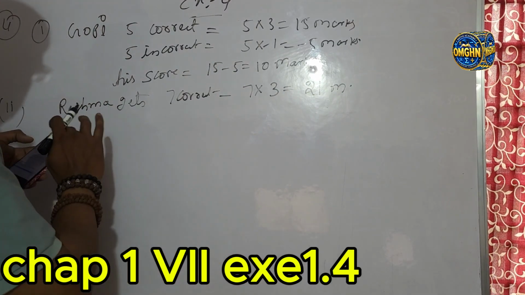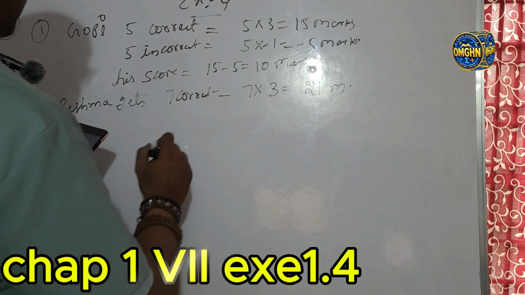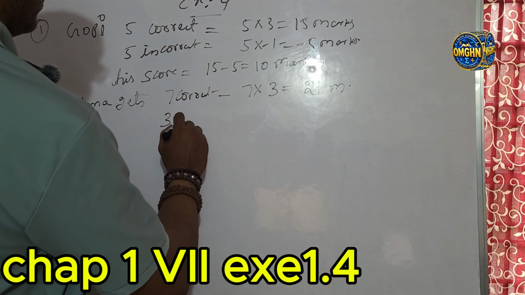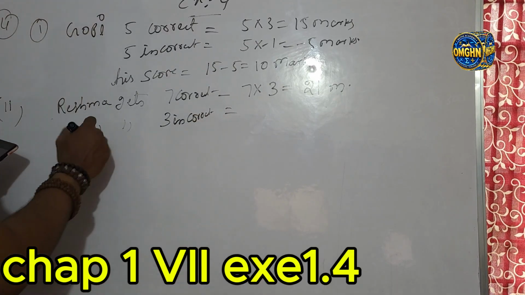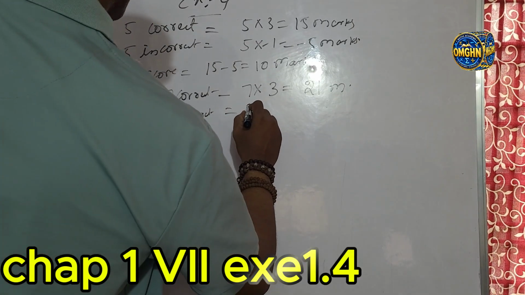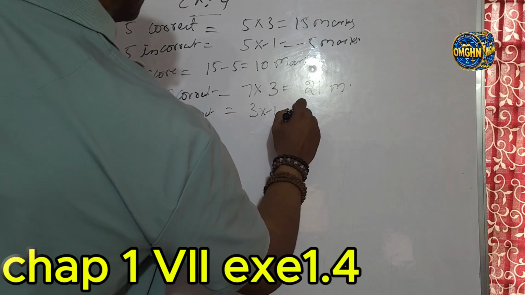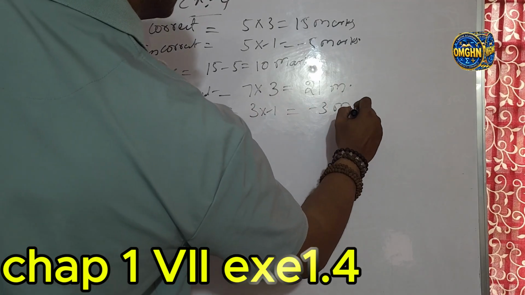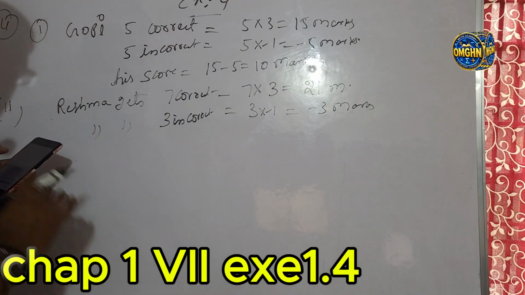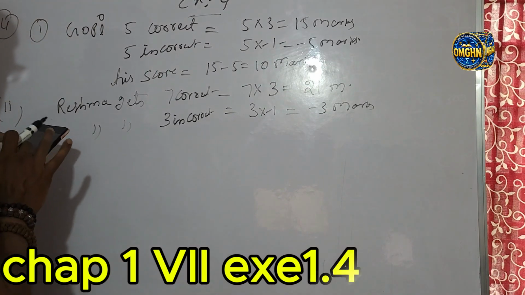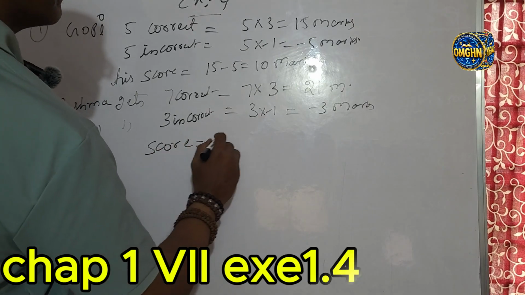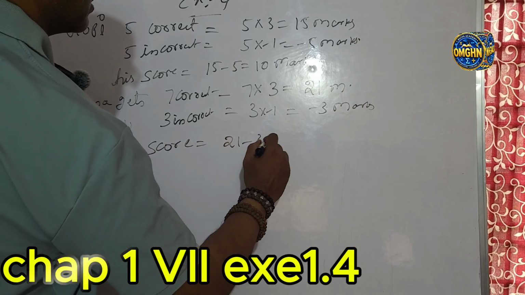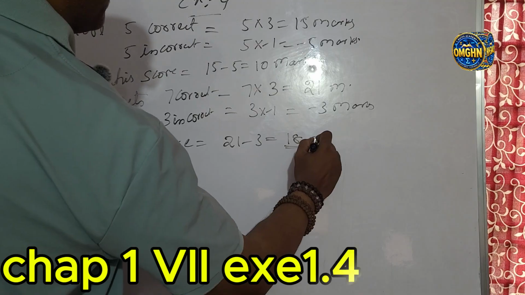And she gets 3 incorrect. 3 incorrect means 3 into minus 1 equal to minus 3 marks. So, what is her score? Her score is 21 minus 3 equal to 18 marks.